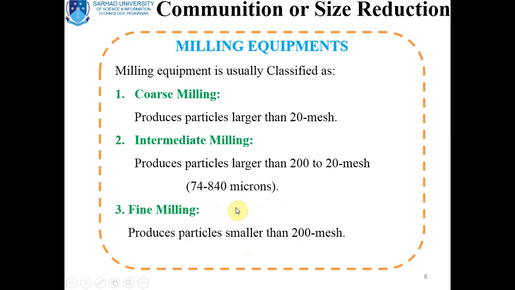This is the classification of equipment on the basis of particle size reduction, producing coarse, intermediate or fine particles. On the basis of these we say that coarse milling, intermediate milling or fine milling is done by the equipment.